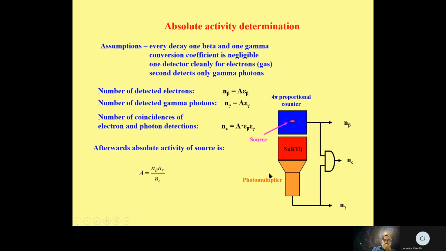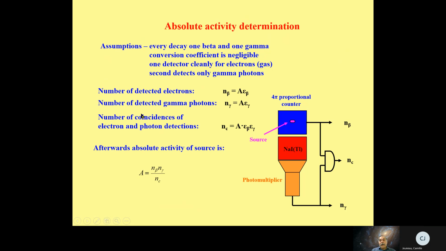And also, if we put here coincidences, it's possible to calculate the number of coincidences in this way, because the probability of detection of an electron and the probability of detection of a gamma are independent probabilities. The whole probability is given by multiplying one probability by the second probability.